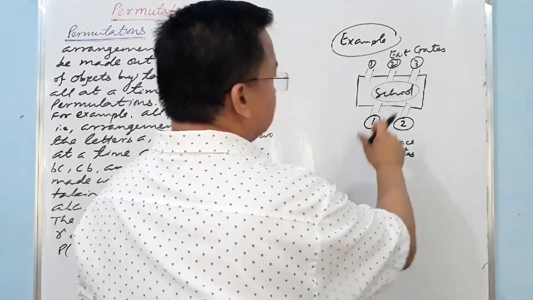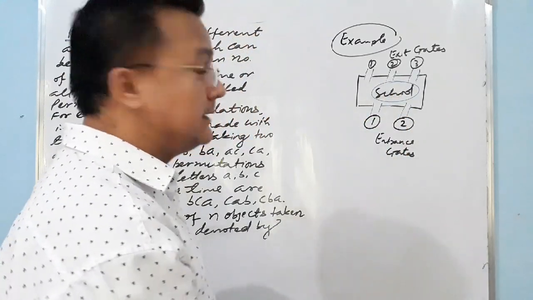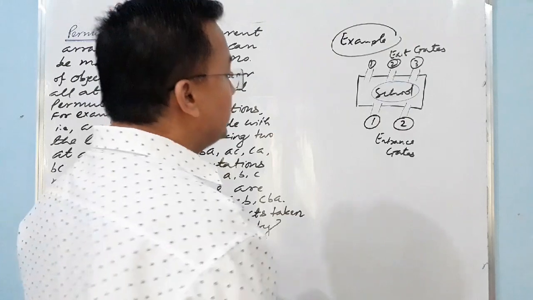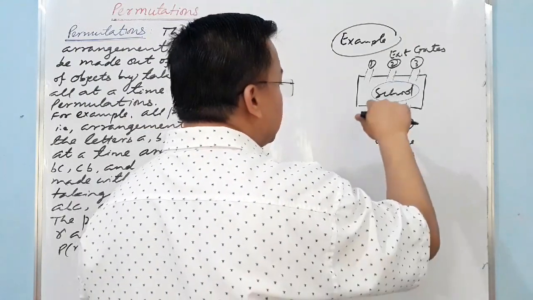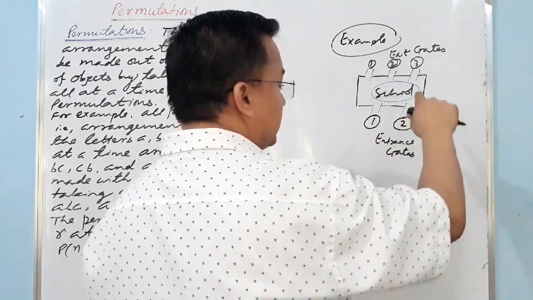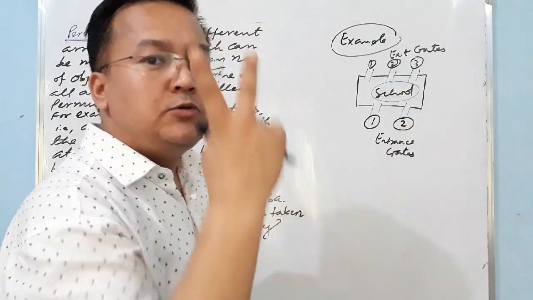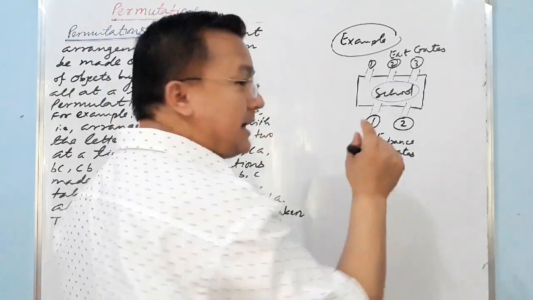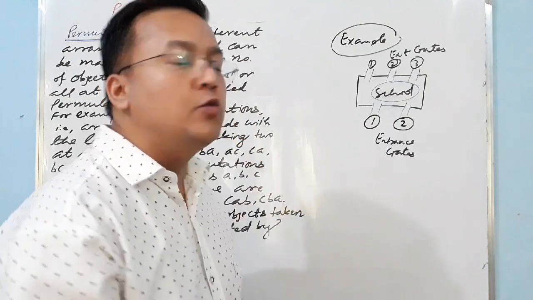To enter inside the school, how many gates are there? 2 gates. So a student can choose any one of them, either this one or this one. The student will have 2 choices, so the student can perform this activity in 2 ways.